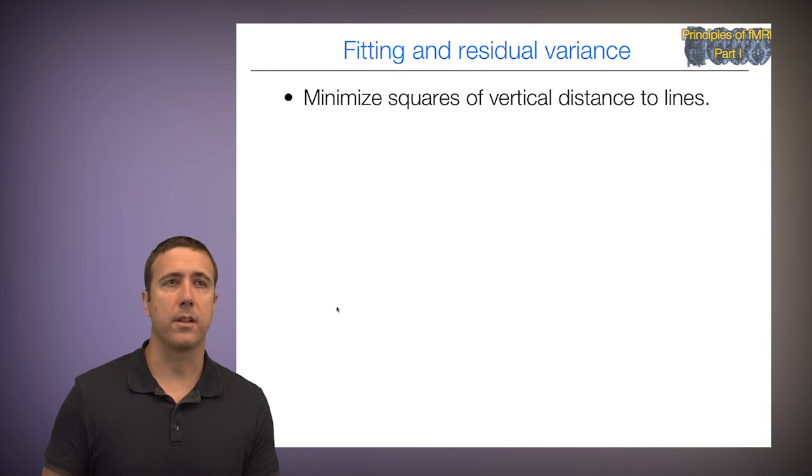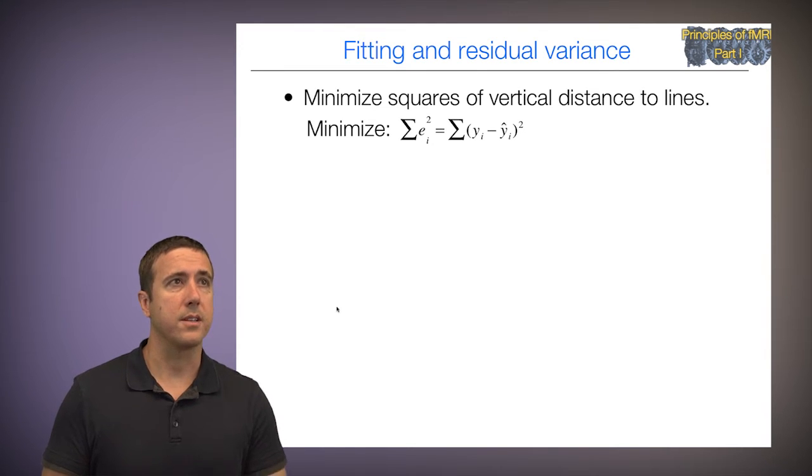And the goal of modeling is to minimize the squared distance between the model and the data. So we're minimizing here the sum of squared errors, where e is an error term at every time point i, and y is the data. Y hat is the predicted data from the model. Hats are always used to indicate a predicted or estimated value.